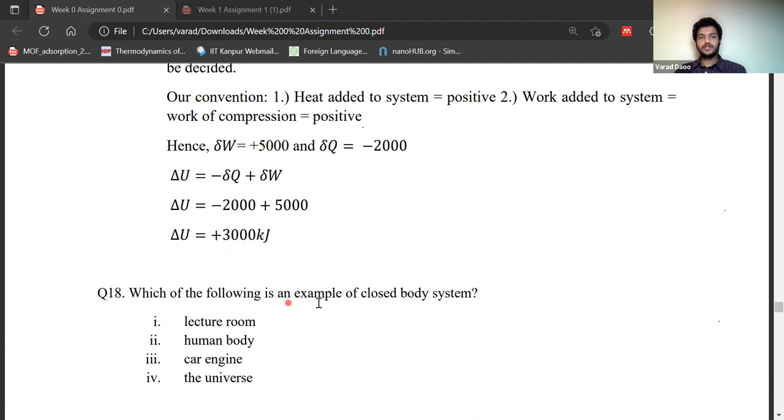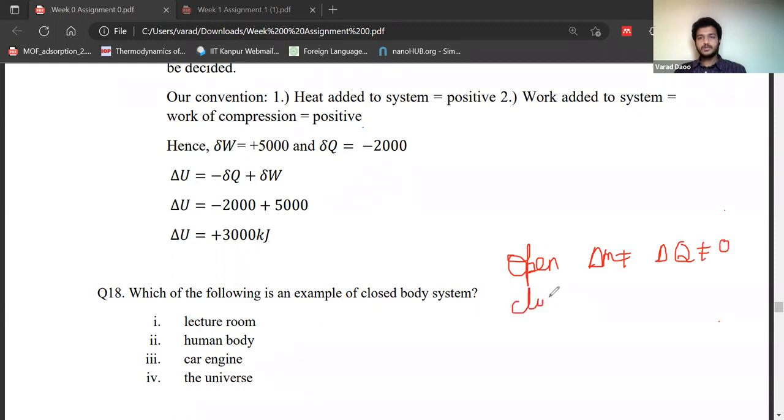Which of the following is an example of closed body system? Okay, that means closed system. So let us again revisit. Open system means delta M not equal to 0, delta Q not equal to 0.